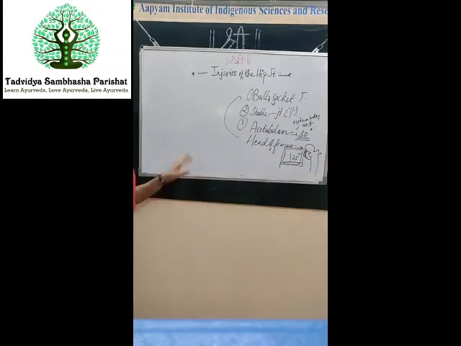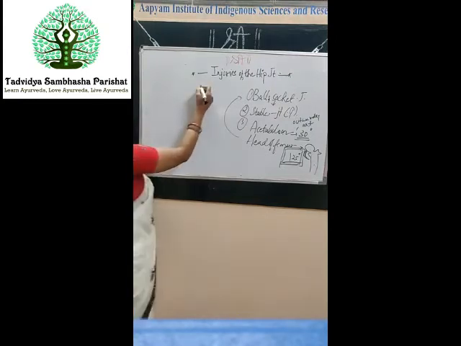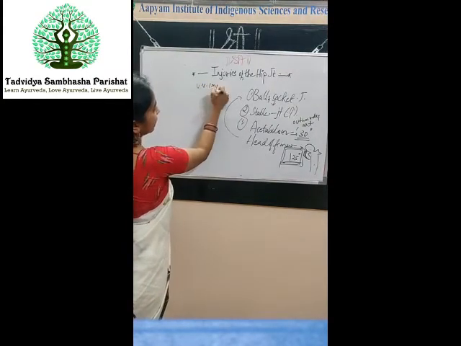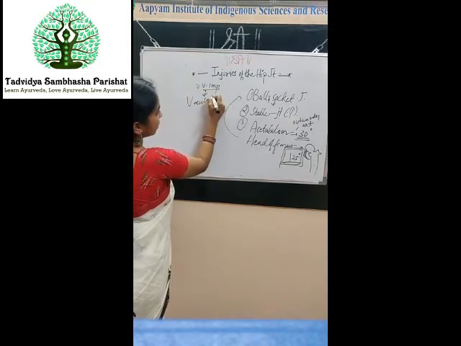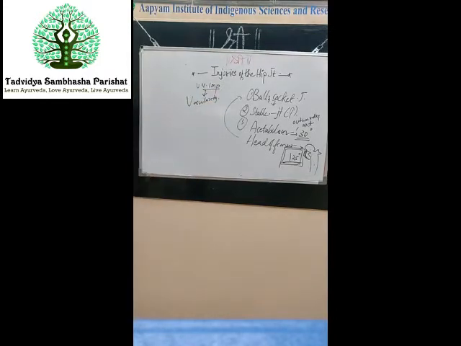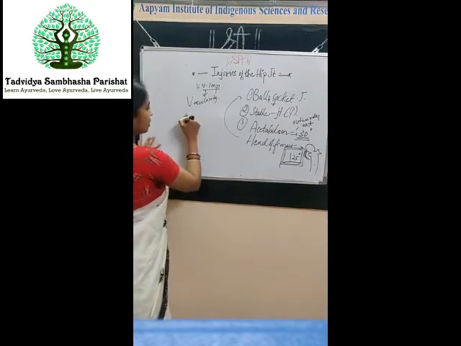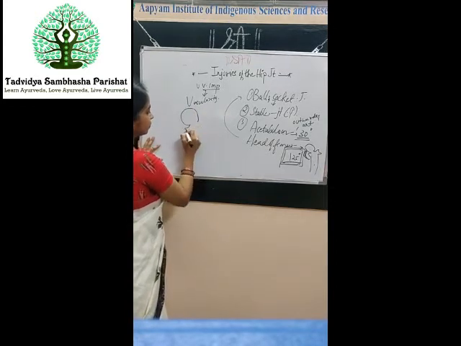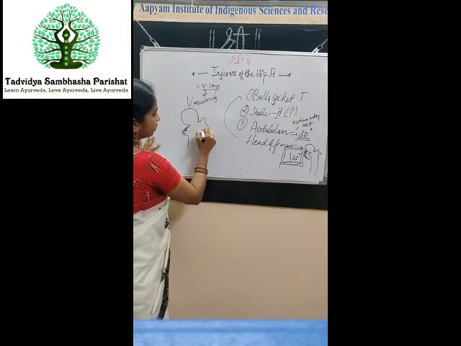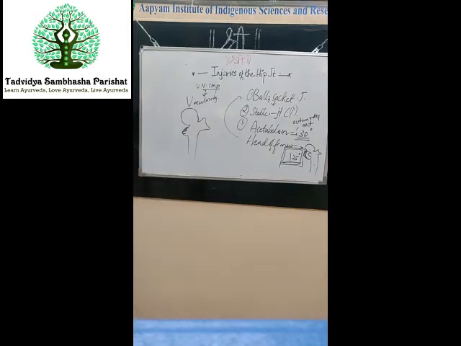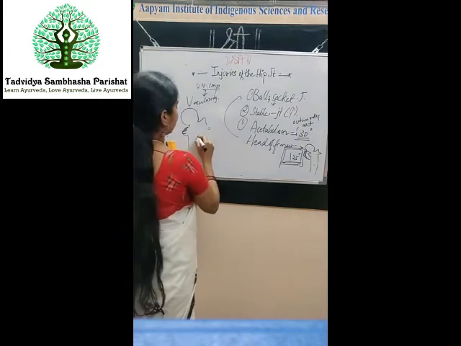Now this is the basic, and the next thing that is very important with respect to the hip joint is its vascularity. Suppose we have the greater trochanter, and it comes like this.